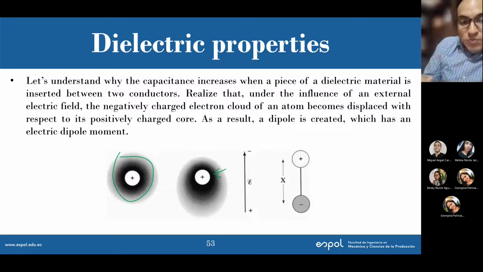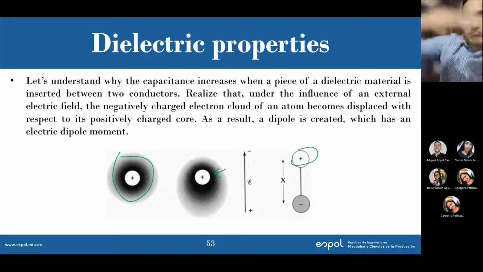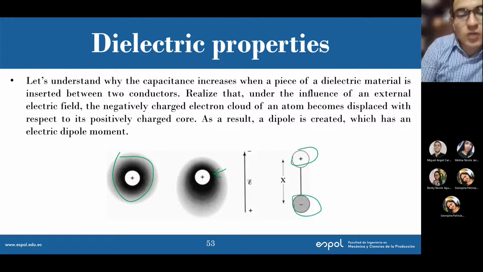And it creates a dipole moment, as you can see. So the nucleus will be, let's say, above, and all the electrons move to the opposite end, so they will be below. So you do create a polarization, a dipole moment.